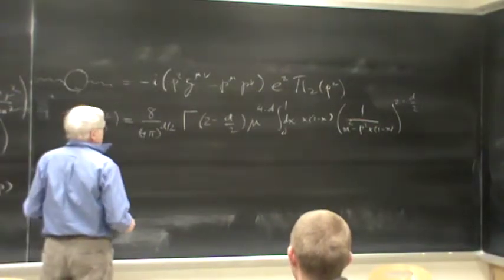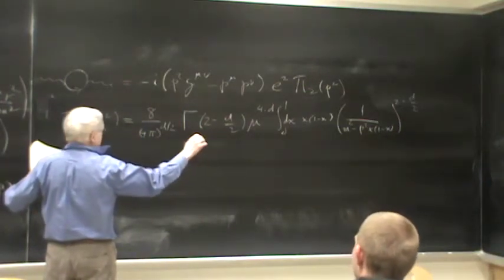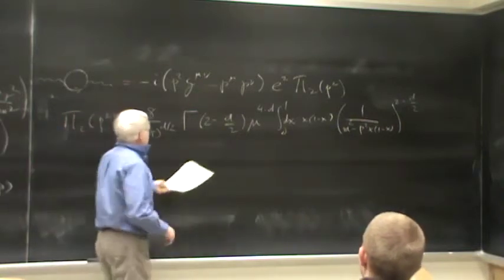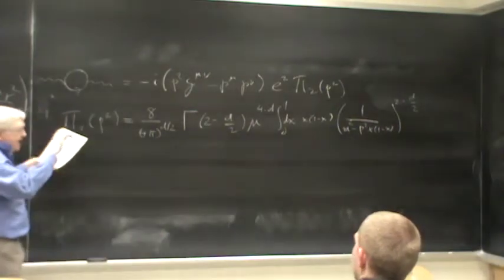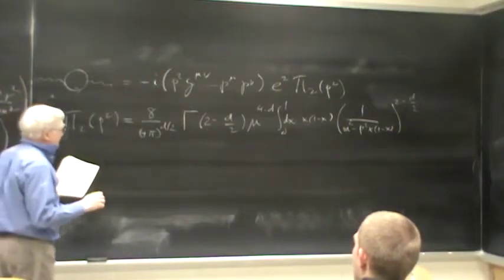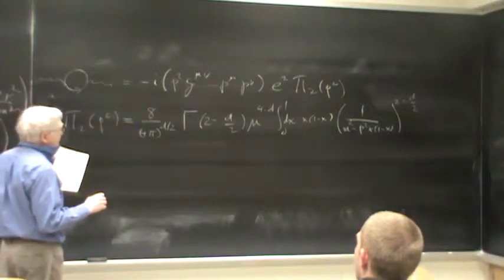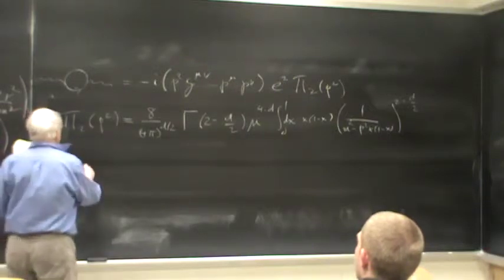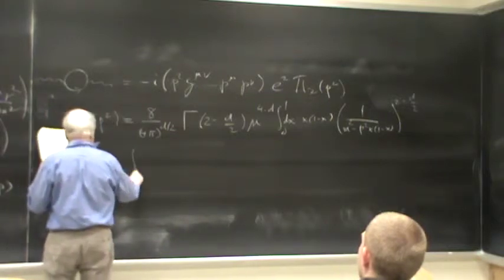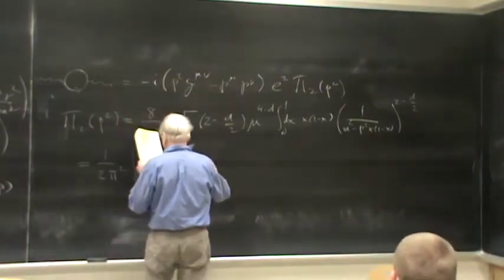Okay, well, if we do the integral and expand it, well, actually, we don't even do the integral. We just expand the gamma function and mu and d and so forth in powers of epsilon, about d equals 4. And then what we get is 1 over 2 pi squared integral 0 to 1 dx, x, 1 minus x.